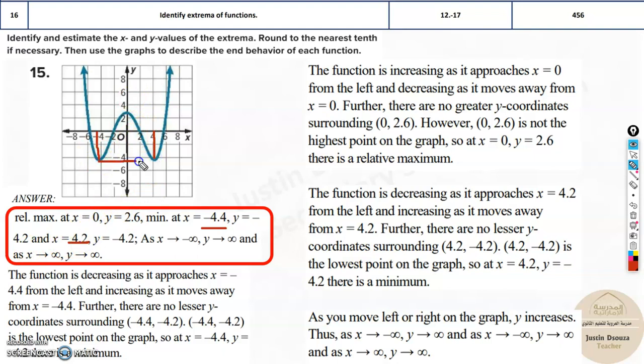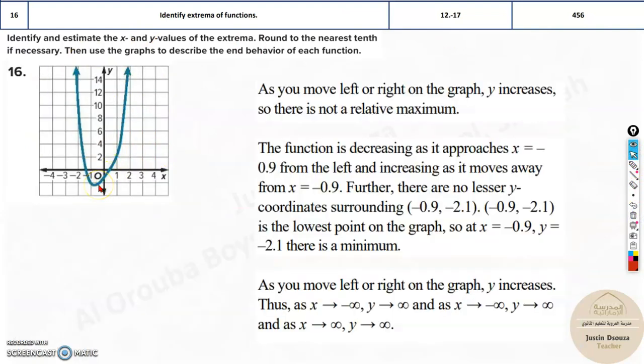It is just above 4, that is negative 4.2 y value. See, it's negative 4.2. That is the minimum value. Now, what about the end behavior? As it goes to minus infinity and also plus infinity, it's just positive infinity only. The y value is going only upward. That is the answer for relative maximum and minimum points.